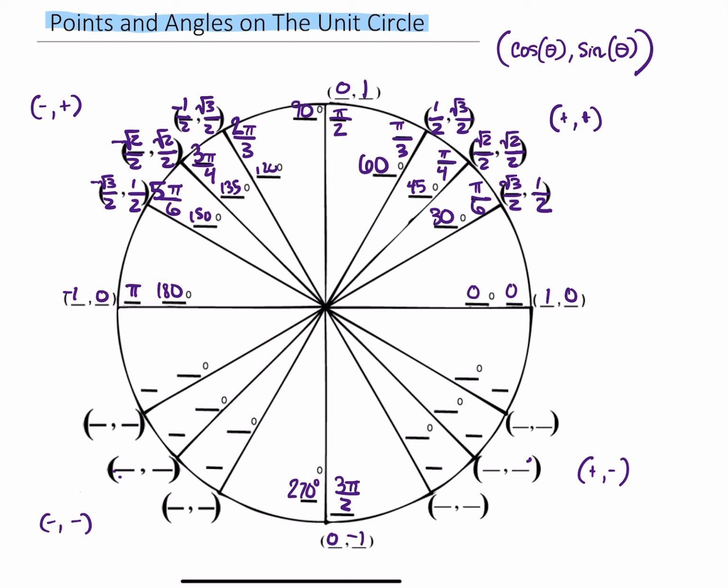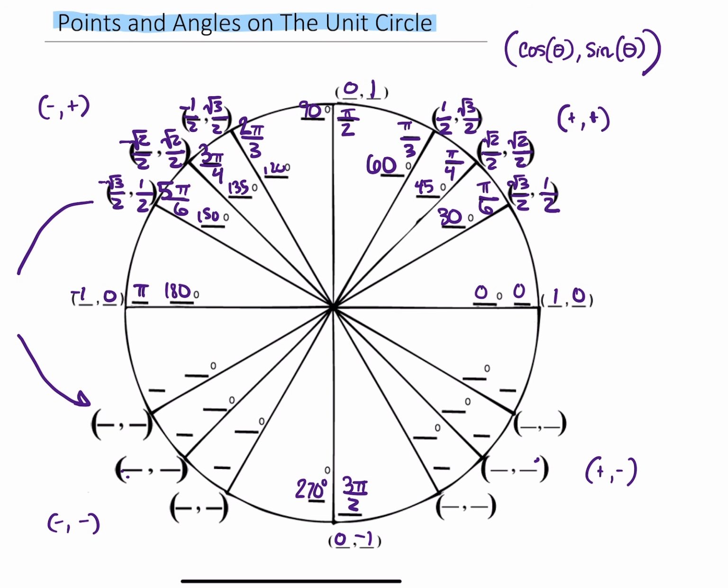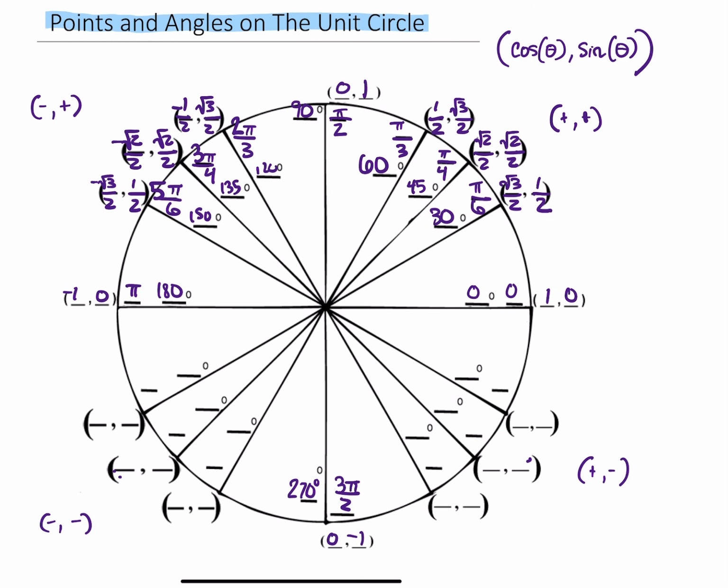So let's keep going with this symmetry and the patterns. We mentioned in the third quadrant, everything's negative. X is negative, and y is negative. So I'm just going to borrow these same points again and make everything negative. We'll start here. These will be like pairs together. So I can say this will be negative root 3 over 2, negative 1/2.